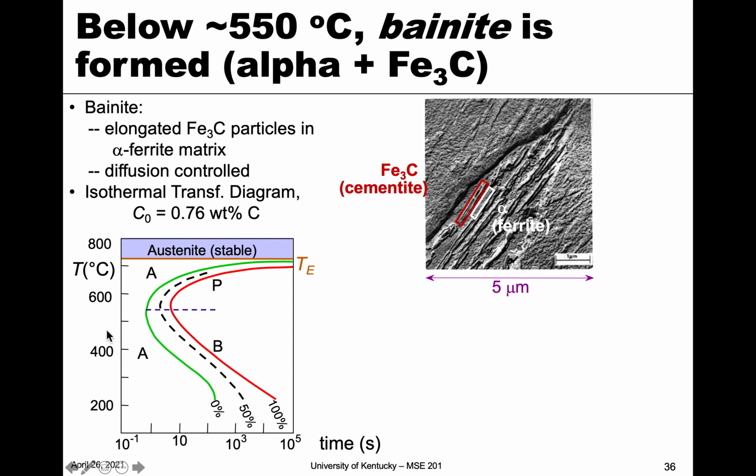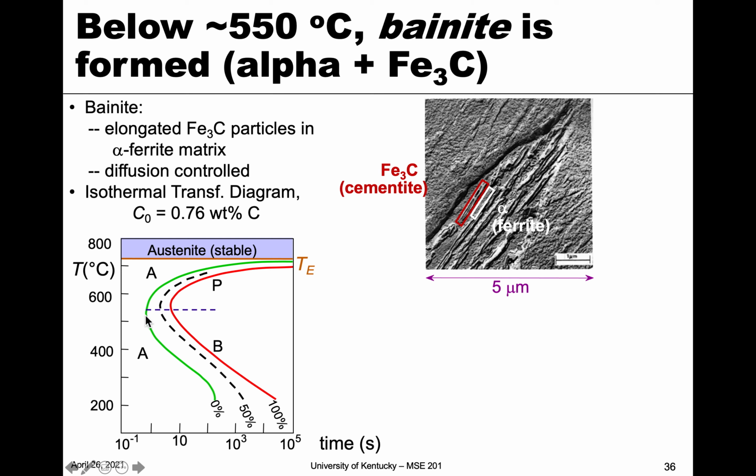So bainite basically forms down here, and we see that it follows the reverse trend. At the higher temperatures, the bainite reaction is very quick, so it happens within a matter of seconds, and then at lower temperatures, it's slower. And this is because, as you can imagine, it's now becoming diffusion limited at those low temperatures, and so the rate slows back down. So that's kind of why you see that.